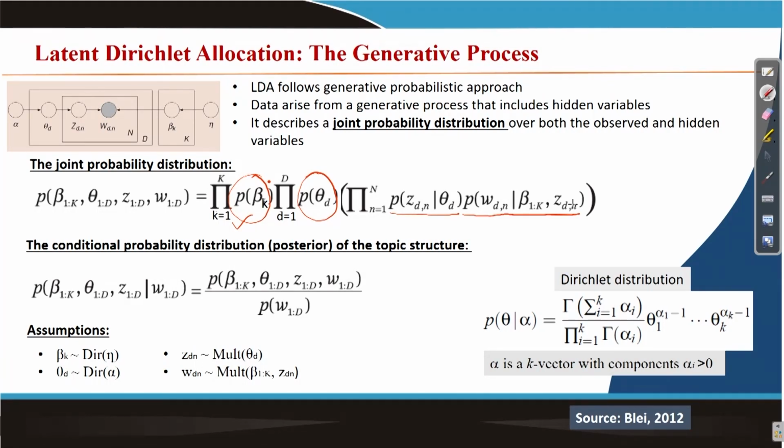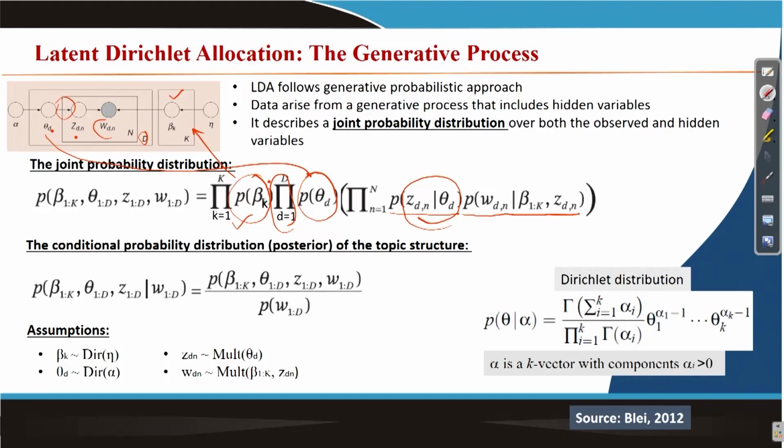So what is the joint occurrence we are talking about? We are first considering the probability of this one, so this relates to this part. Then we are considering the other one, the theta d. Here how many documents are there? D number of documents, so D is 1 to n. Then you come to these two, the inner plate, where ZDN, if you see the arrowhead, is computed conditional to theta d, that conditional distribution is given here.